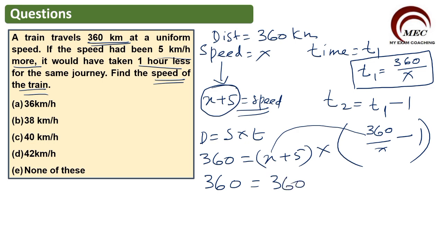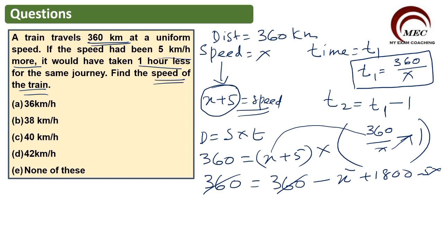Then we will get minus x square. How? Because we will get this as cross multiplication, x into x square. And then plus 1800, that is 5 into 360, minus 5x. The 360 on both sides you can cancel.